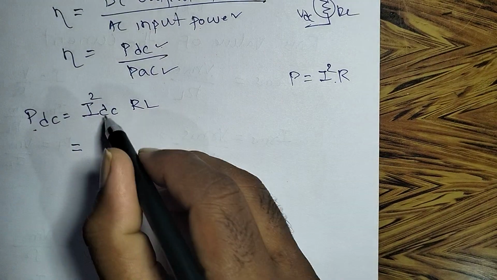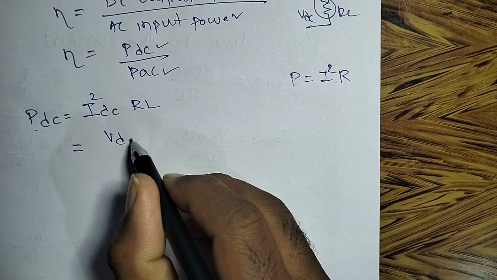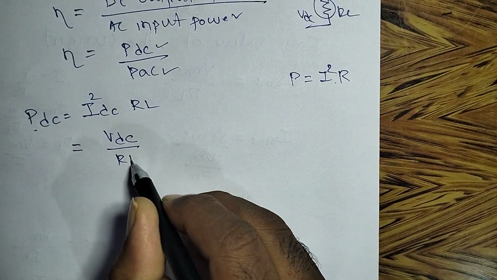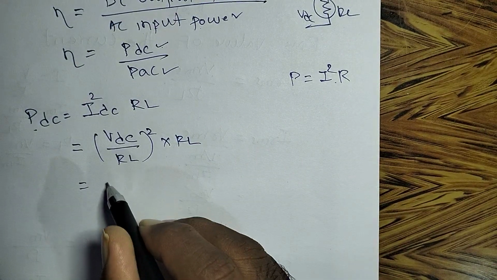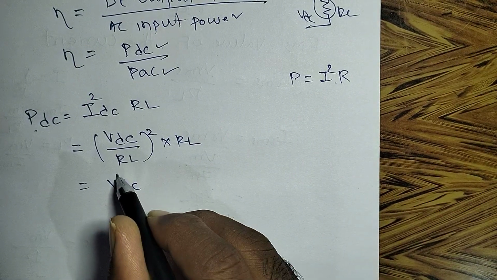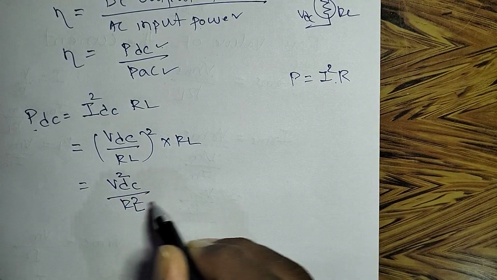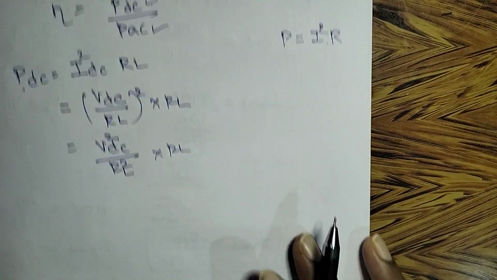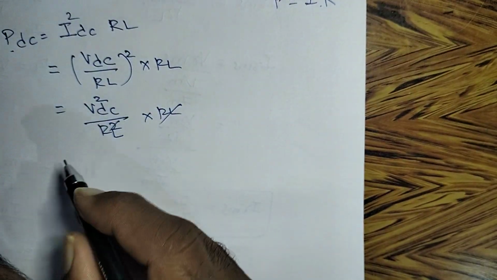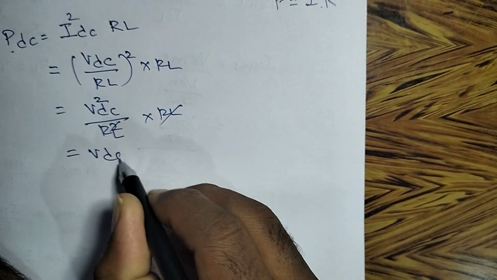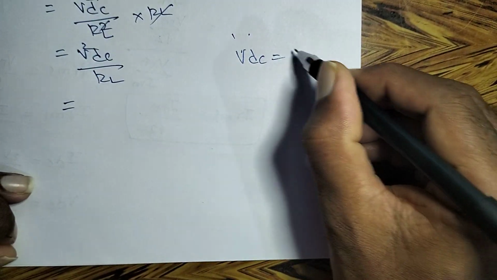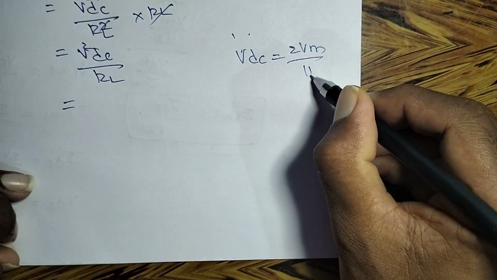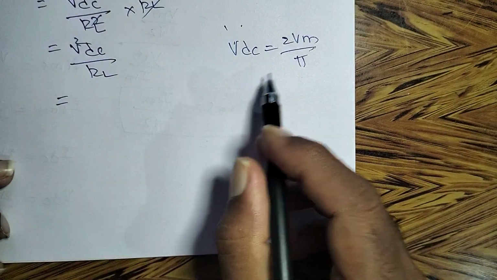Now let's simplify. IDC is nothing but VDC by RL, whole square, into RL. That equals VDC square divided by RL square into RL. So RL square, one RL gets cancelled, that is VDC square by RL. Now, VDC value we already calculated, that is 2 Vm by pi. VDC is equal to 2 Vm by pi.